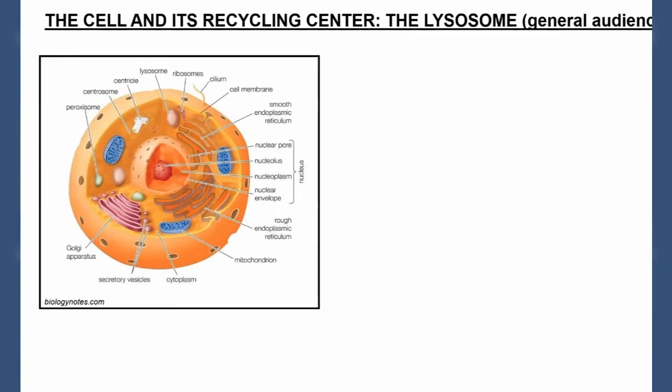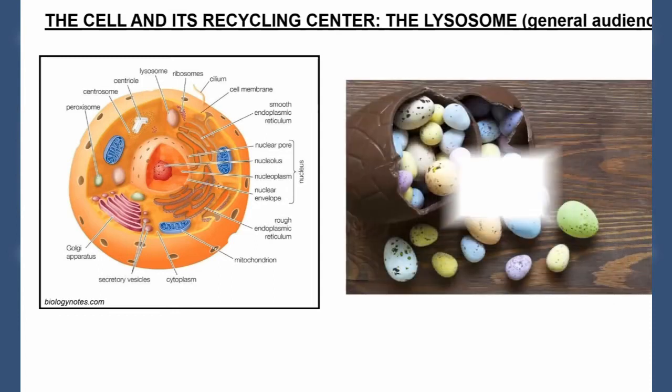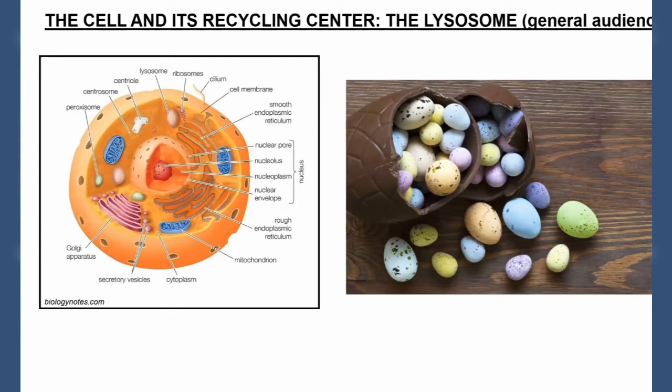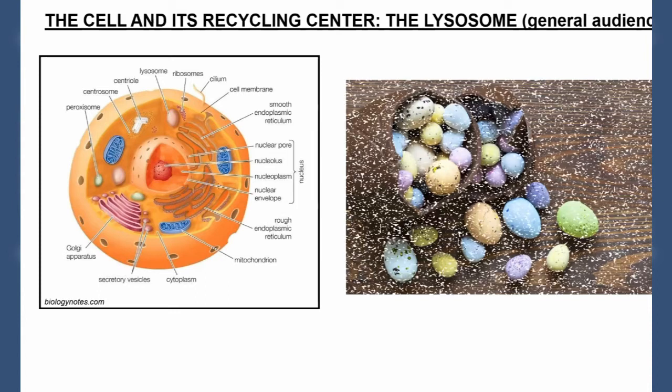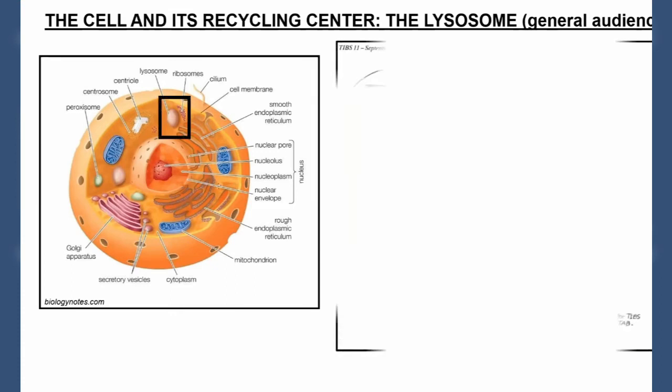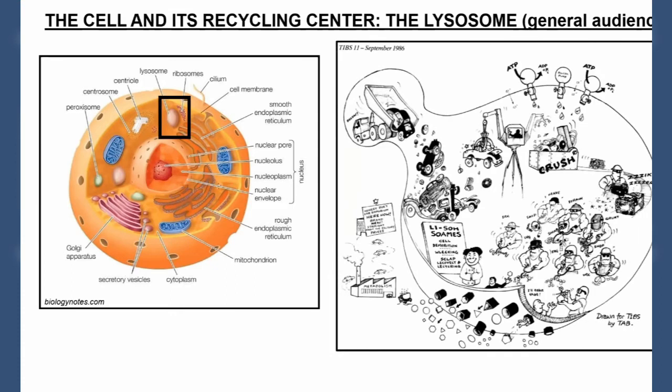The cell is made by an external envelope, and inside there are different structures. I thought to compare it to an Easter egg. There is a hard shell outside, and inside there are many different tiny things, and all these are very important for the cell to function properly and carry out all the activities. To talk about the lysosome, I found this cartoon from 1986 that compared the lysosome to a dismantling recycling factory.